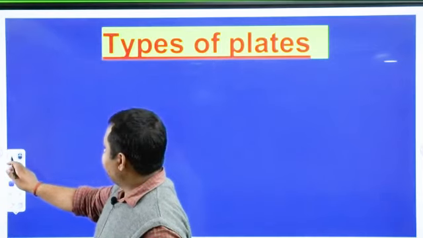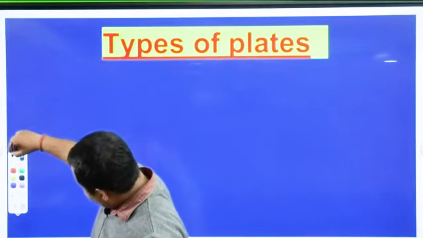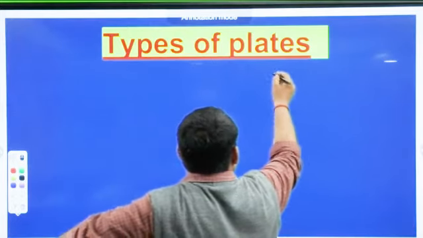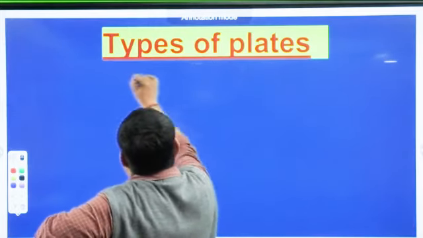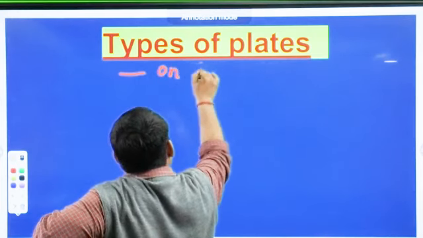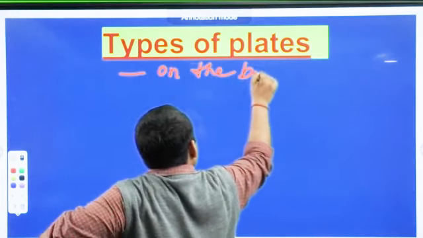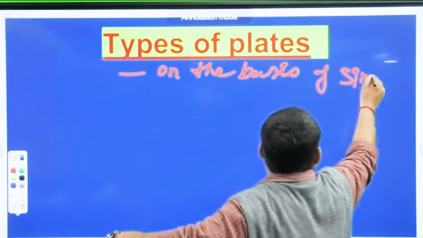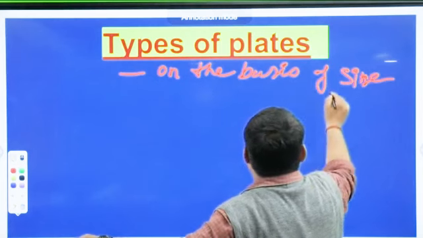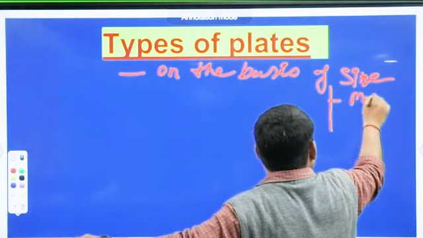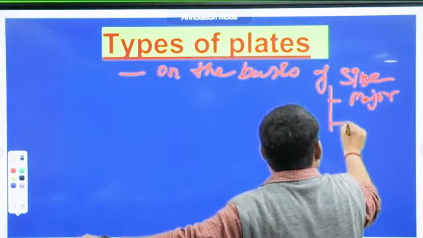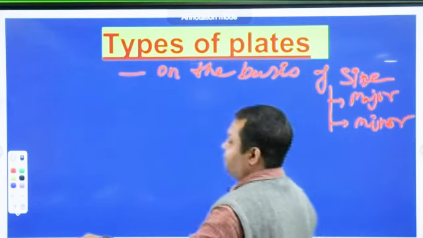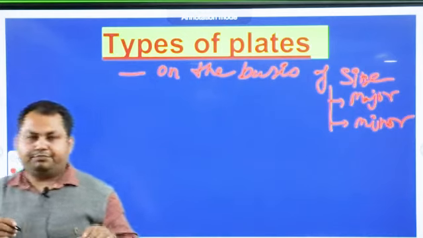On the basis of size first, there are two types of plate. One is major and the second is minor.